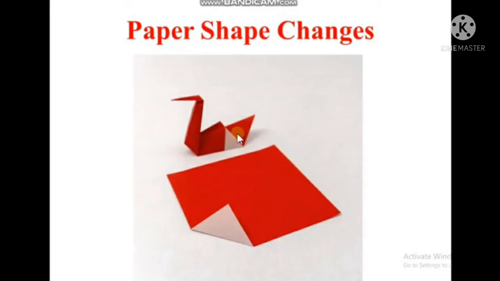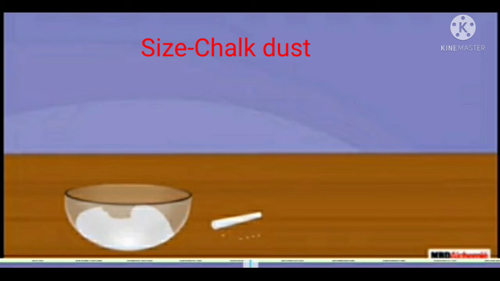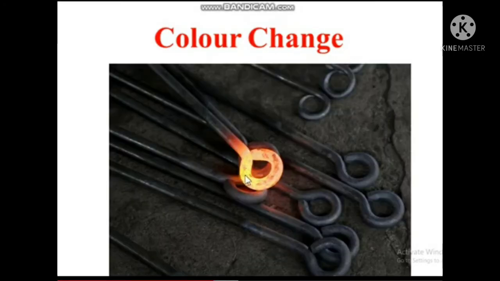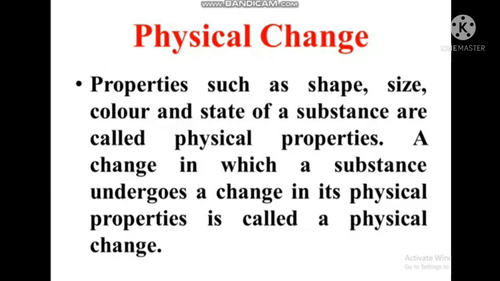So from the above activity, we can say that there is a change in shape, size, states of matter and color. So we can define physical change as a change in which a substance undergoes a change in its physical properties.